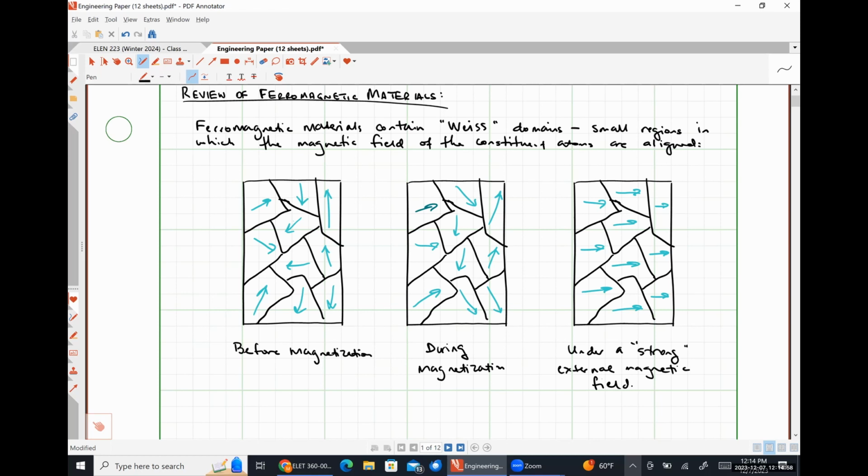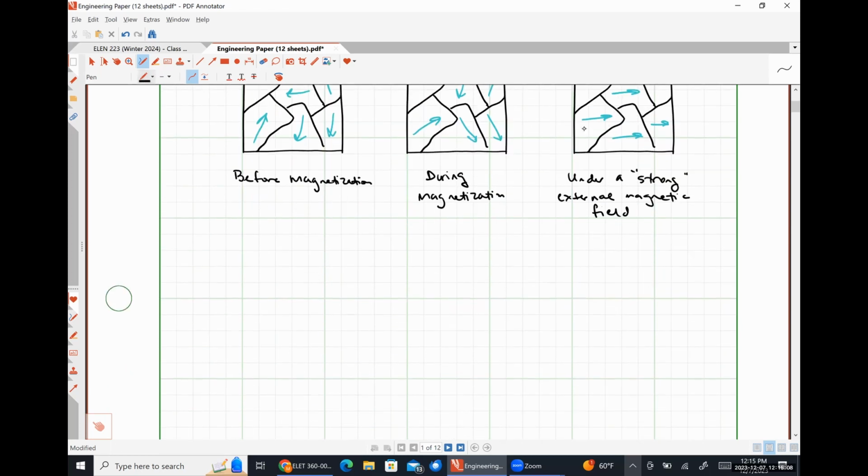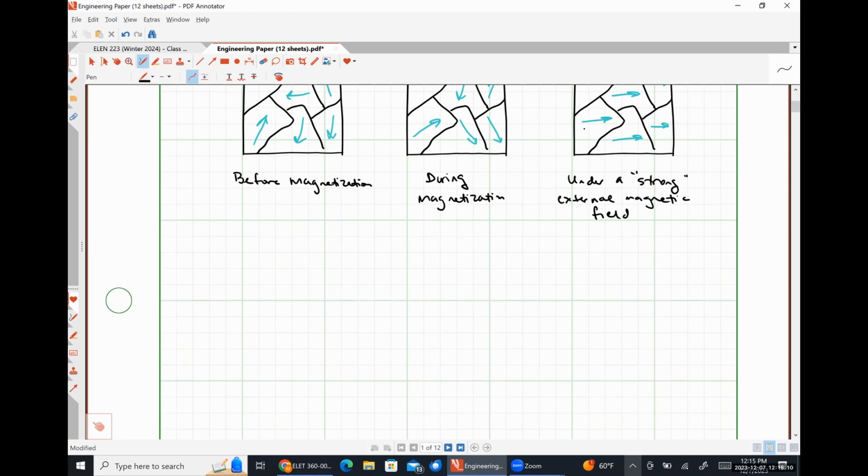So this is typically quantified in what's called a magnetization or BH curve for the material. So we're going to see something like this. Okay. So on the y-axis, we are going to have our magnetic flux density measured in Tesla.